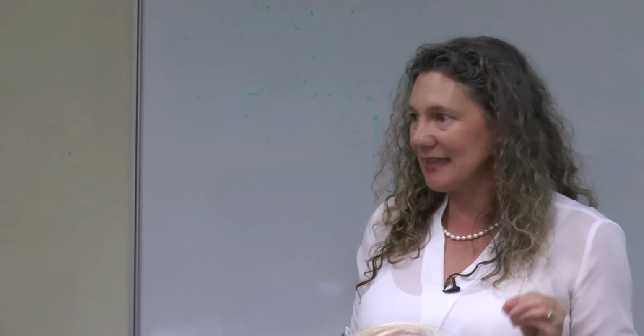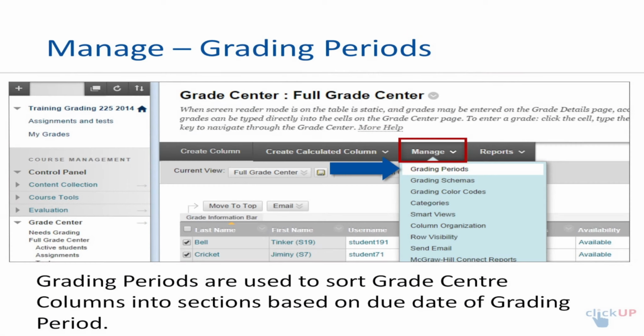It might be safer to delete the columns one by one than to go in here and delete all of them. If you need to create your own grading period, you will find that under the Manage option again, grading periods, and that would help you to set up that period in which you group all the columns together based on a specific date.